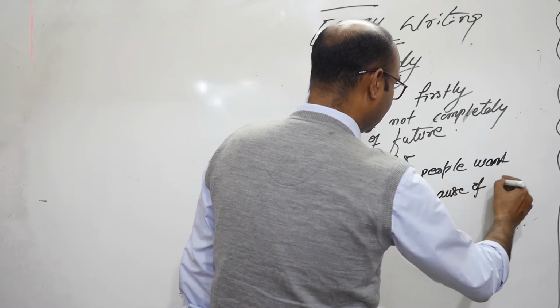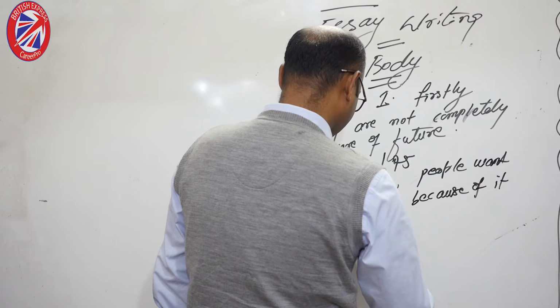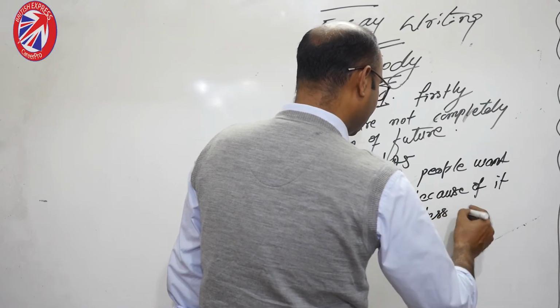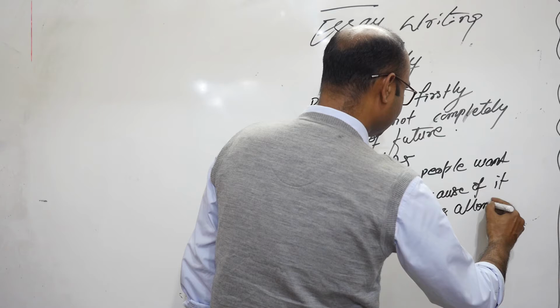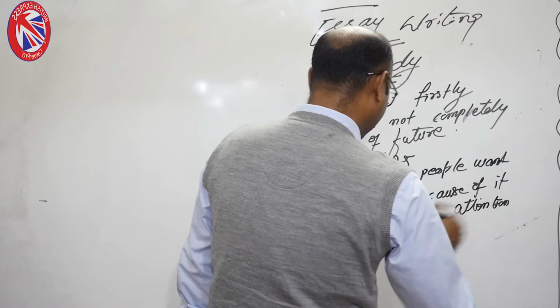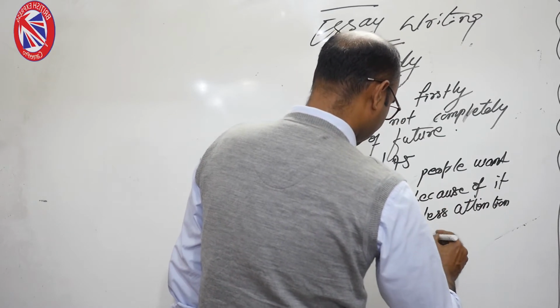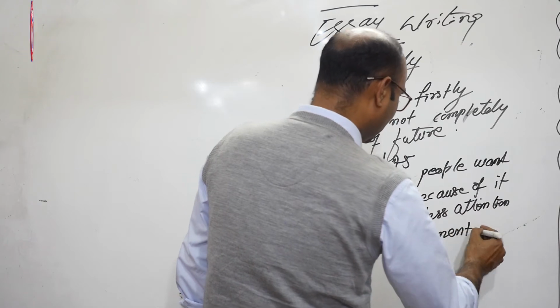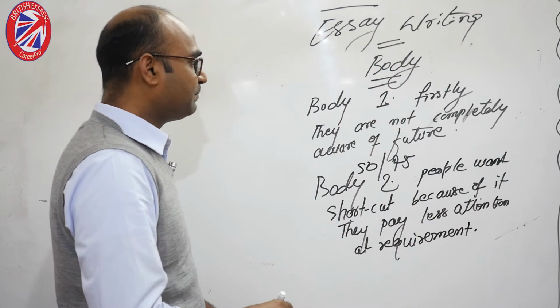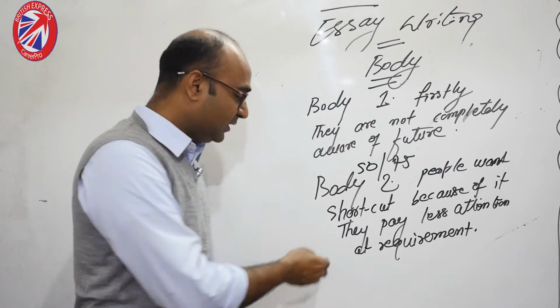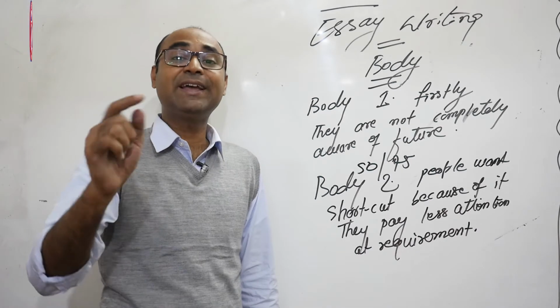Because of it, they pay less attention to requirements. Fine. So what is the point here? Now in the first part of the body, I have justified that yes, they are not responsible. Now I am going to justify that they are responsible.